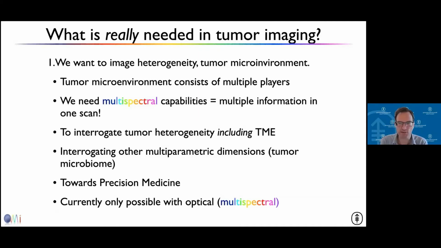As I said, the tumor microenvironment is important, and in the tumor microenvironment are immune players. There is something called pseudo-progression in modern immunotherapy, when the tumor initially increases in size and then decreases. If you just do a CT scan, it's tough to say whether this therapy didn't work because the tumor progressed, or the therapy did work and it's pseudo-progression.